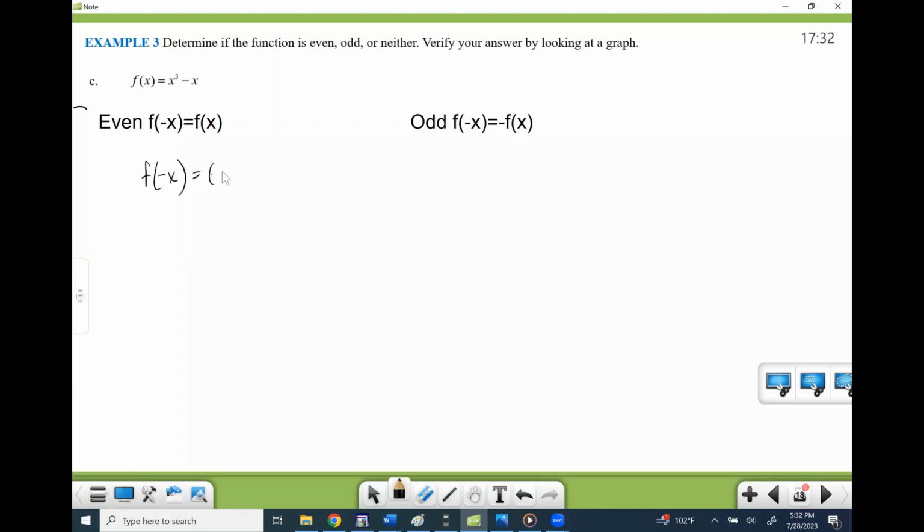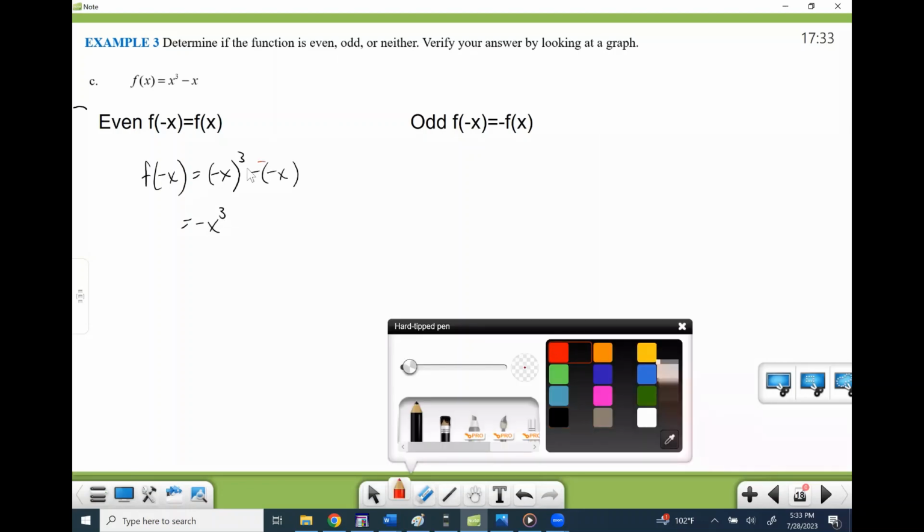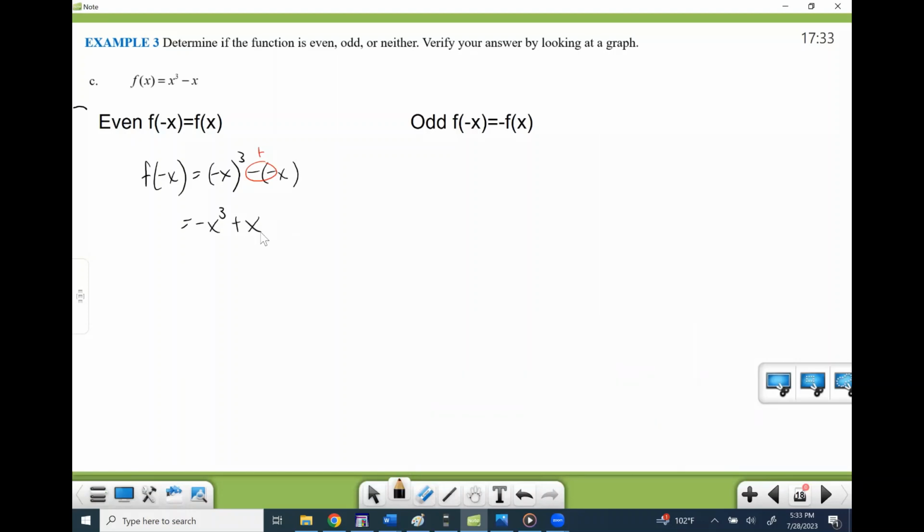So let's see here. Negative x cubed minus negative x. A negative cubed stays negative, and it'll be negative x cubed. And then these two negatives are going to become a plus. And if you look at that, that does not match the original.